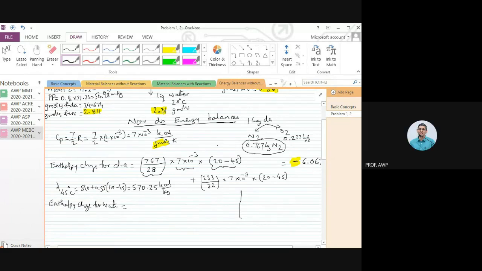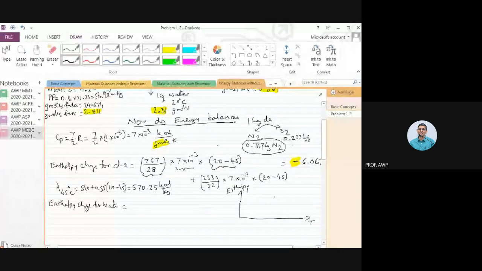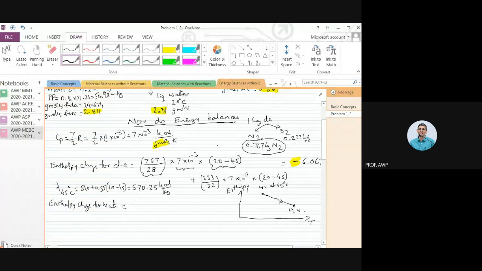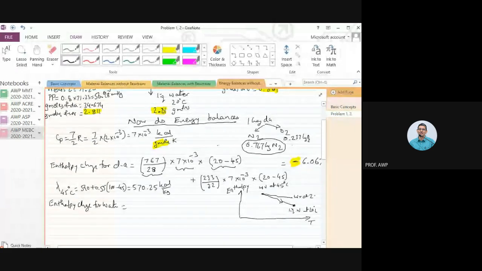Mayur, just let me explain. What you are saying, in terms of enthalpy versus temperature, is that we had water vapor at 45 degrees centigrade. Some of this water vapor is going into liquid water at 20 degrees centigrade, and some of it is going into water vapor at 20 degrees centigrade.